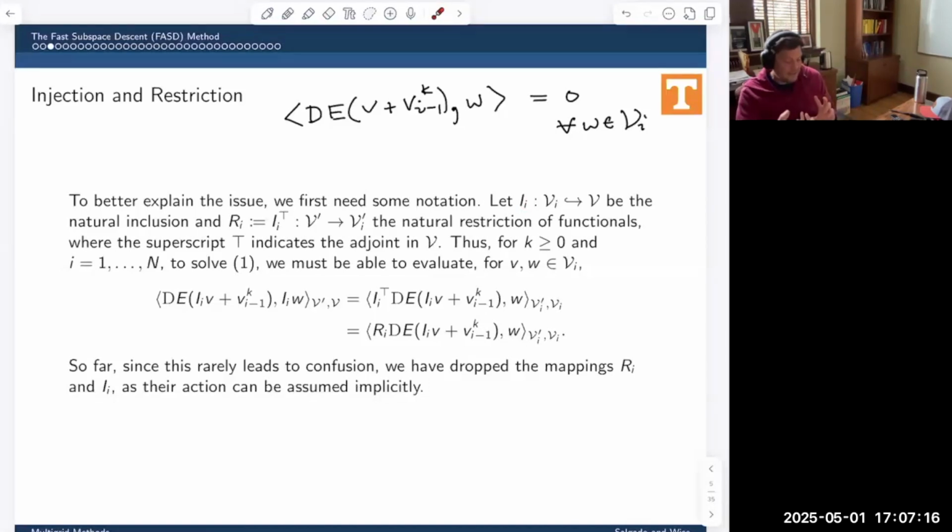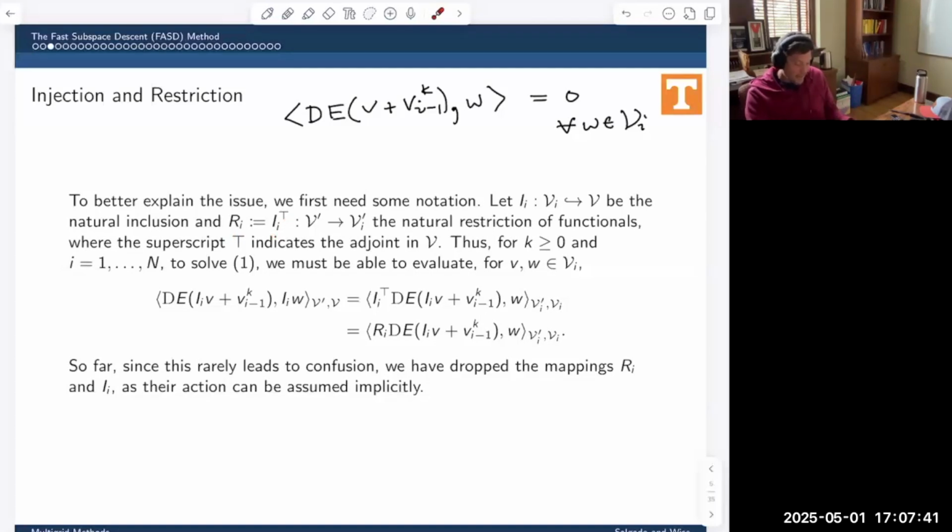Well, how the heck do you think about transposes? Well, it turns out in the functional analytic setting, there is a way of thinking about doing a transpose of this operation, right? And I can call Ri the transpose of the inclusion operation. Ri is equal to the transpose of the inclusion operation.